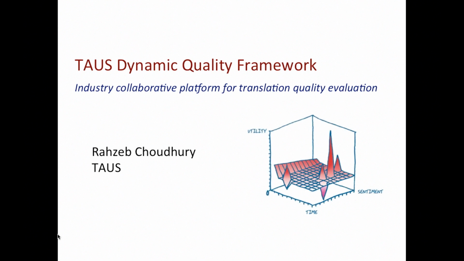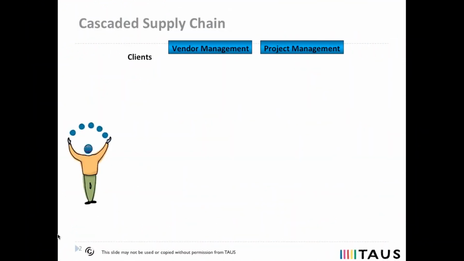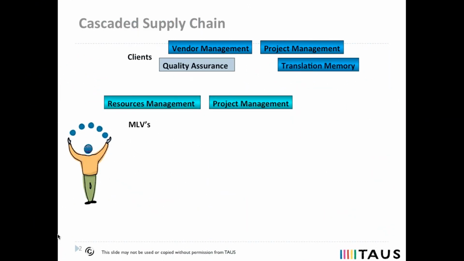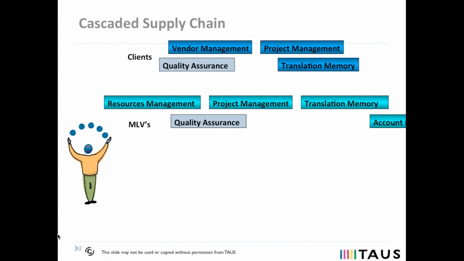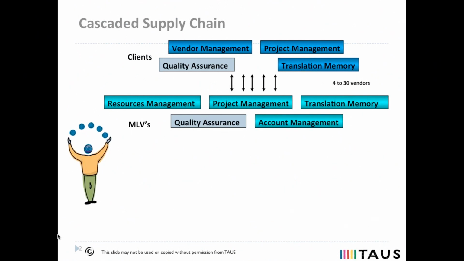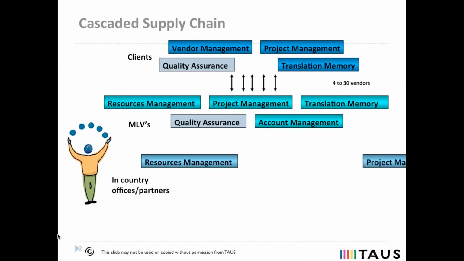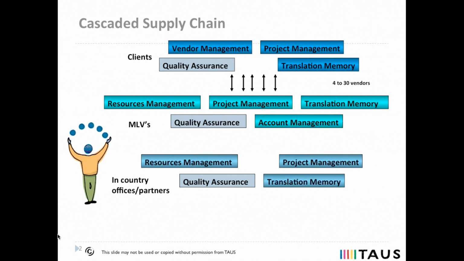So I want to take a few minutes just to give you an overview of the resources that form part of the dynamic quality framework. And along the way, I'll just describe how we came to create the framework itself. We tried to tackle through a collaborative industry initiative one of the most challenging areas in our industry, quality evaluation, quality assurance.